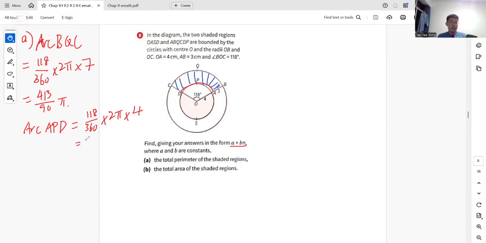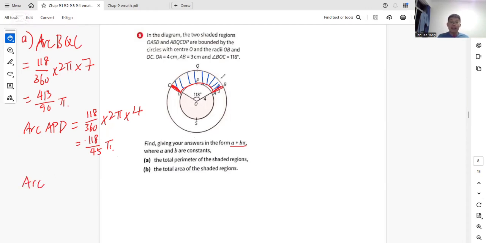So 118 over 360 times 2 times 4 gives 118 over 45 pi. Okay, so you need to add in the CD and the AB later on.